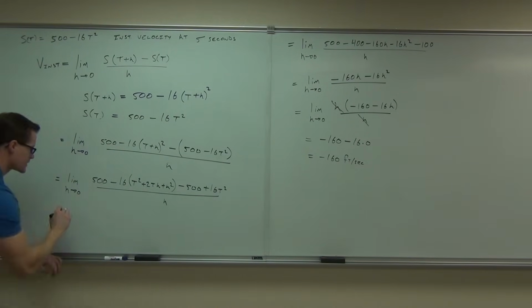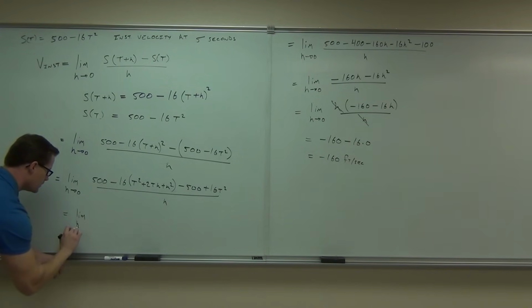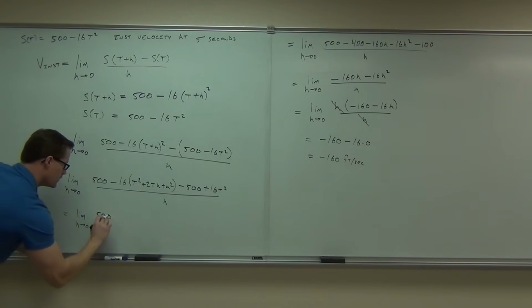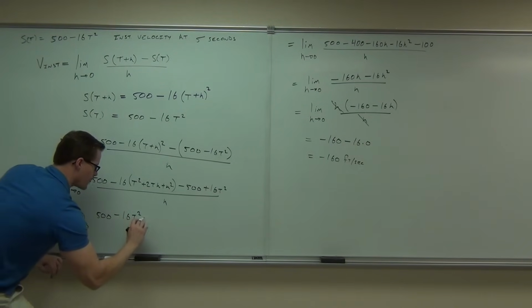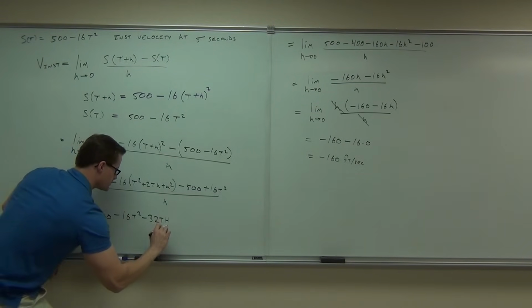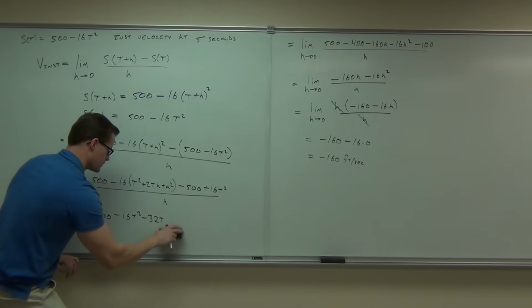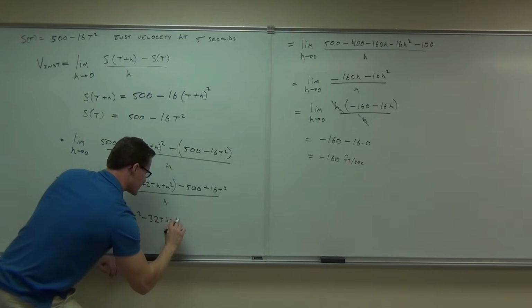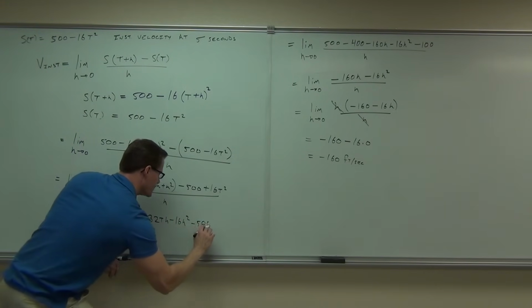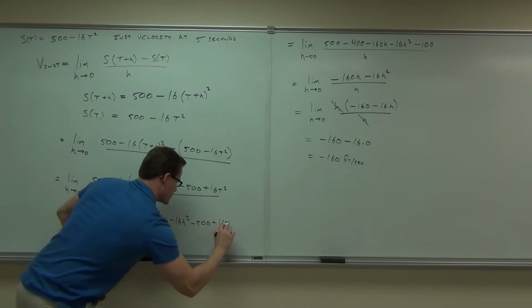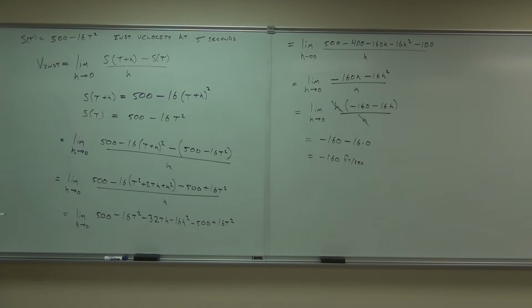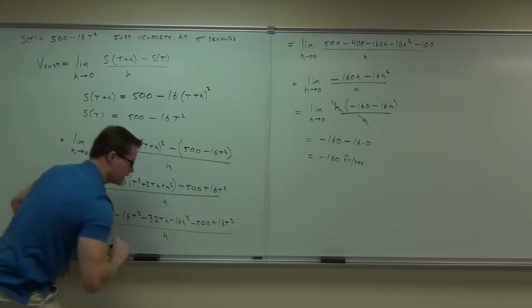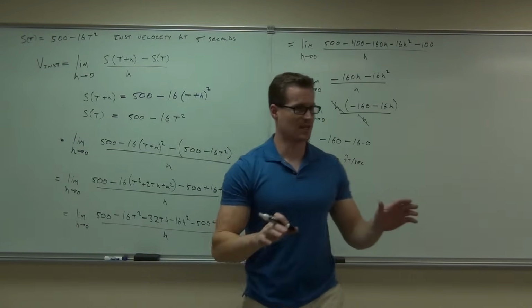If we distribute that negative 16, negative 16t squared minus 32th minus 16h squared minus 500 plus 16t squared, all over h. Hey, I'm doing this fast. If I've made a mistake, you need to let me know.